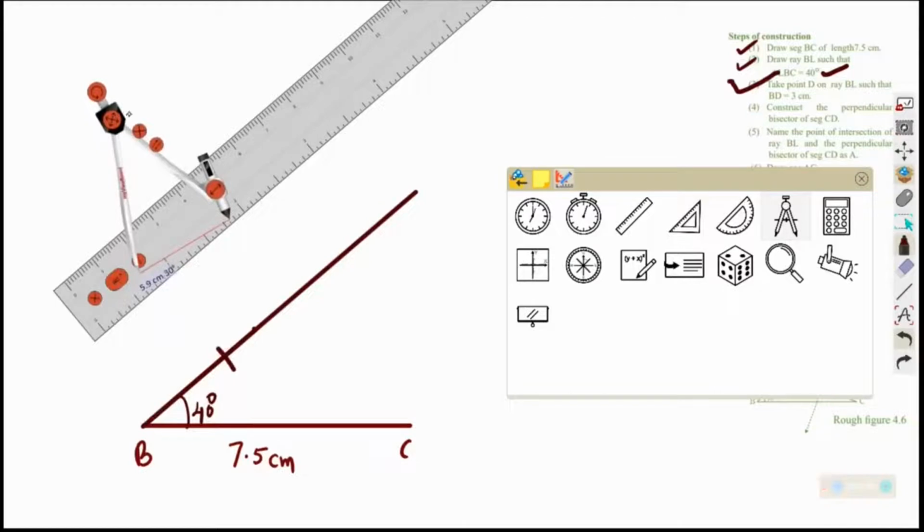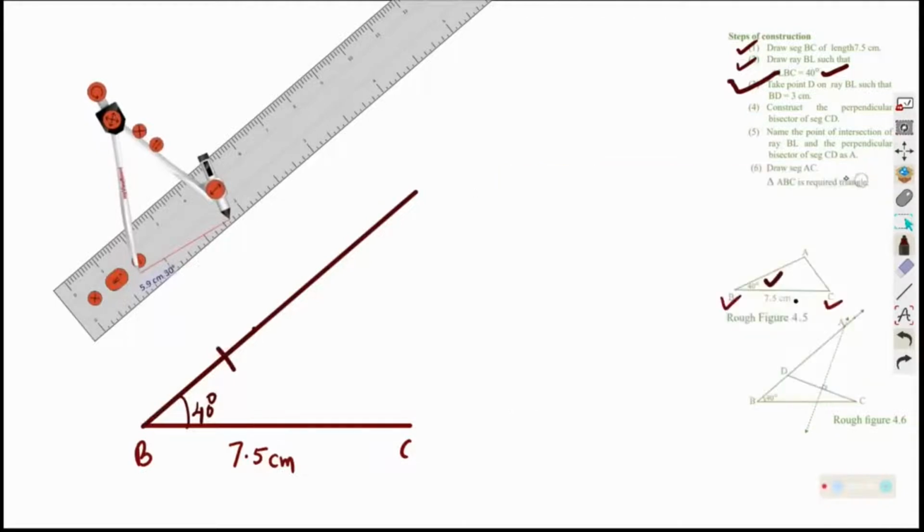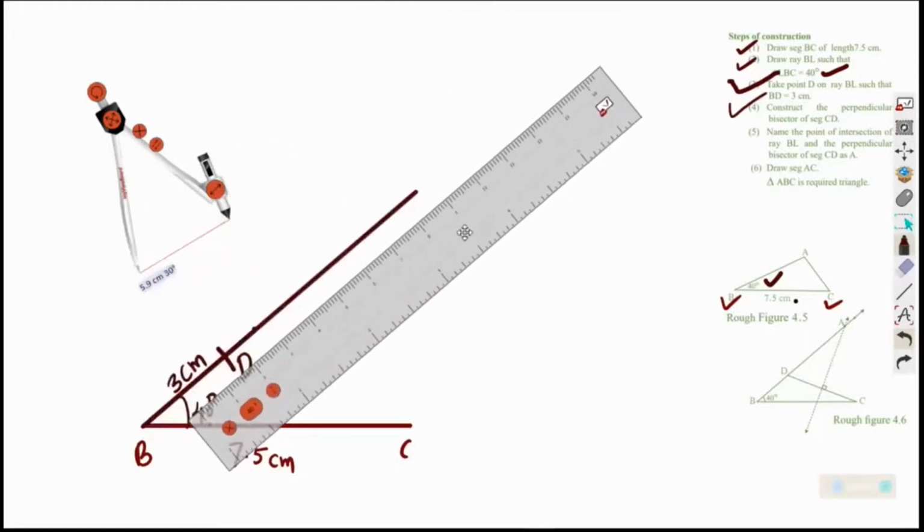Now 3 centimeter is marked, that much is okay for us. What is next is we have to construct a perpendicular bisector on C and D. So we will be doing that now. For that we should connect D with C first with the help of a line segment.